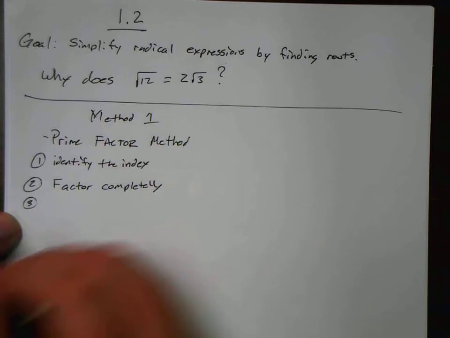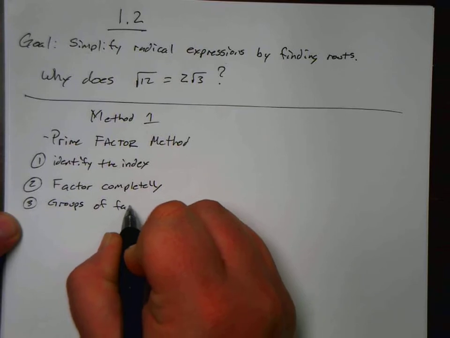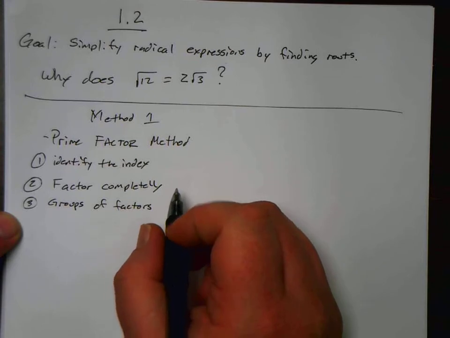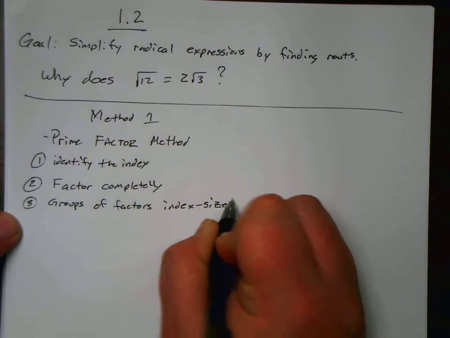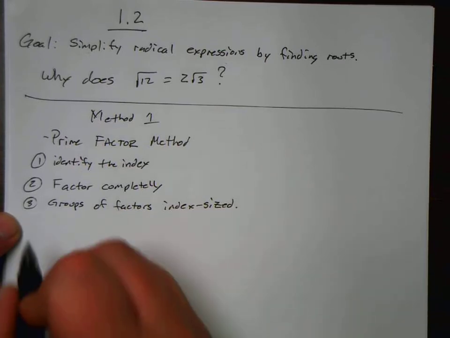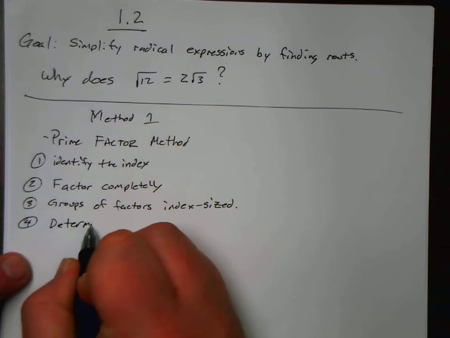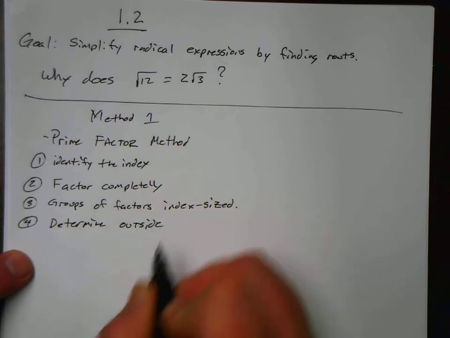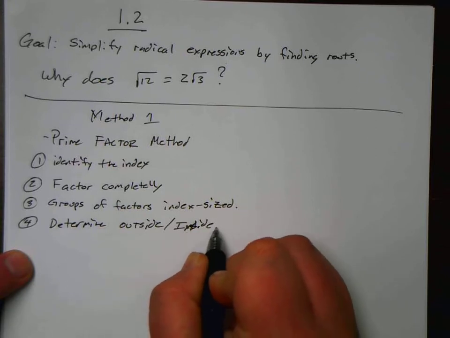Step 3, we're going to take groups of factors that are the same size, so they're going to be index sized. And step 4, I need to determine what's going to be on the outside of the radicand and what's going to be on the inside of the radicand.